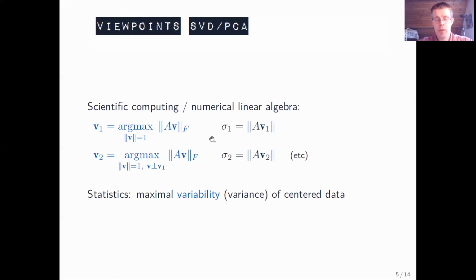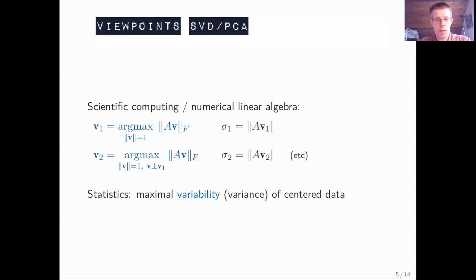And if we have captured that, we look at the space orthogonal to this first maximizing argument, and then we define sigma 2 to be the next maximum. So that is kind of the linear algebra point of view.